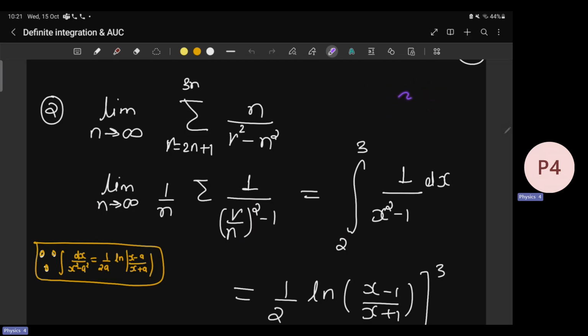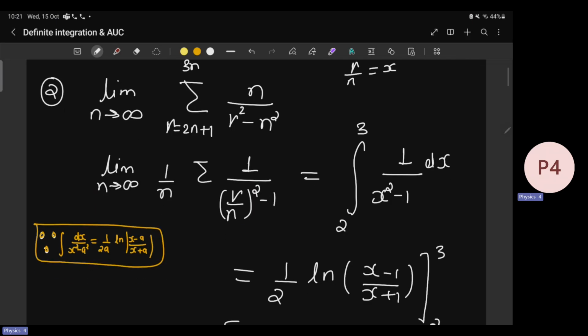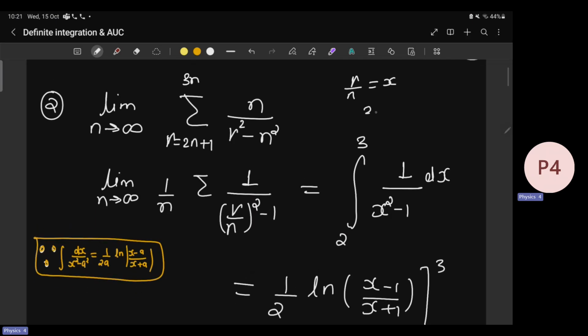As n approaches infinity, we can find out the limit of r upon n equals x. The value of r is 2n plus 1 upon n. As the limit n approaches infinity, this approaches 2. So the lower limit is 2.